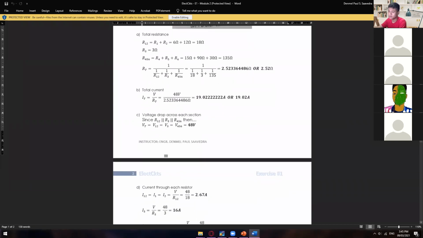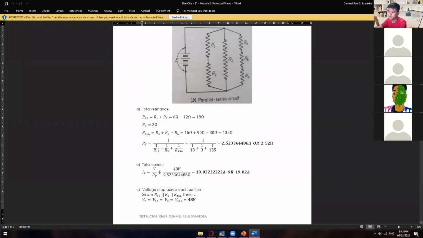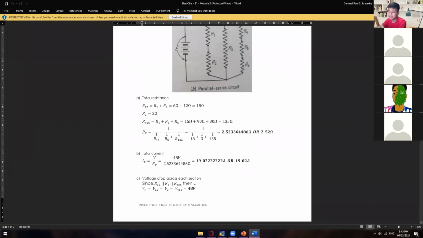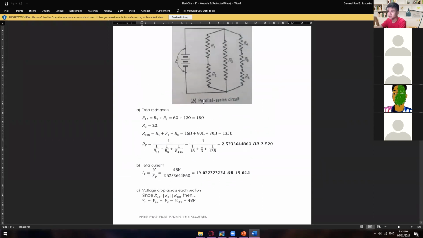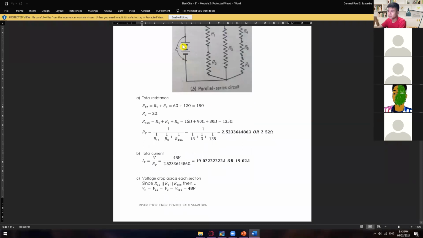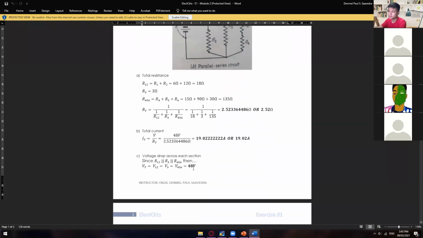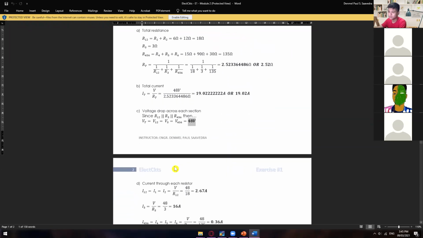Since this one is in parallel, this one is super easy already. So this is like a bonus already, for you to be able to get the VR1, VR2, VR3, 4, 5, and 6. Whatever is your total voltage, that is also the voltage drop across those nodes. So that's why it's 48 volts all throughout the circuit.